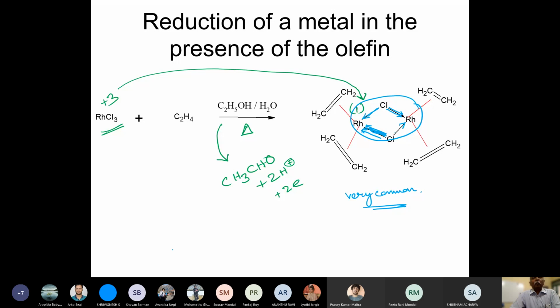Then you will get the electron count right for the rhodium complex. You can work this out for yourself. What would be the electron count? The geometry around this complex is now square planar. The complex is actually d8. Usually square planar d8 complexes will turn out to be 16 electron complexes.